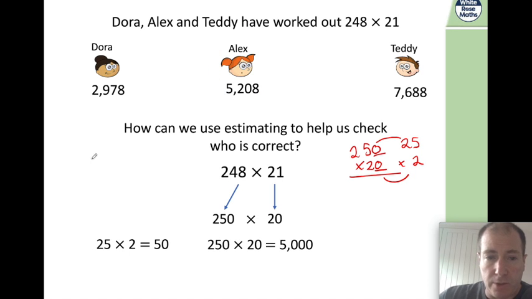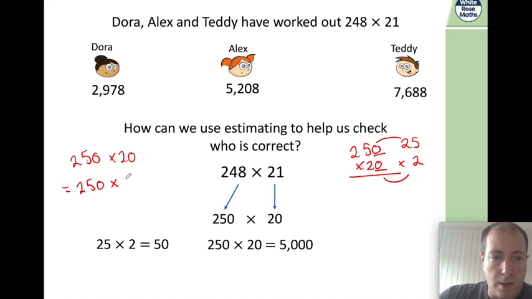Another way to solve this question would be to think of it like this. 250 times 20 is the same as 250 times 10 times 2, because 10 times 2 is the same as 20. So what is 250 times 10?